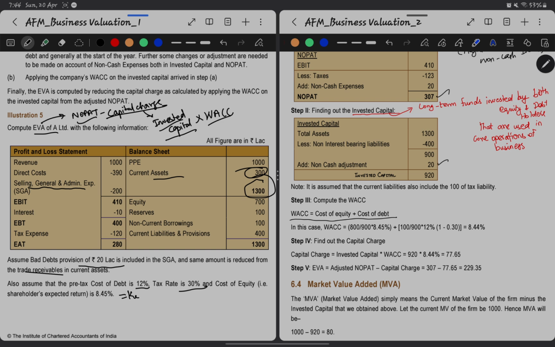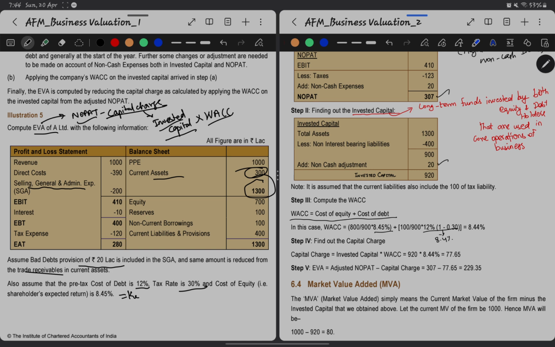So 12 percent minus 30 percent tax will come to 8.4 percent. So this is 8.4 percent, then this is 8.45 percent.